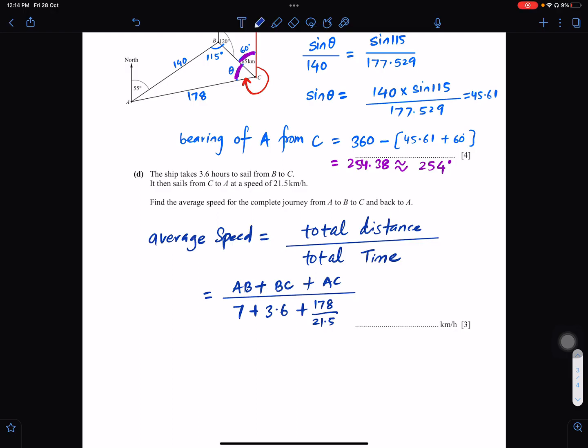Alright, and let me put the distances also. So the distance of AB was 140 plus the distance of BC was 65 plus the distance of AC is 178, divided by the total time, which is 7 plus 3.6 plus the time taken here, 178 over 21.5. You can type it on the calculator, you get an answer.